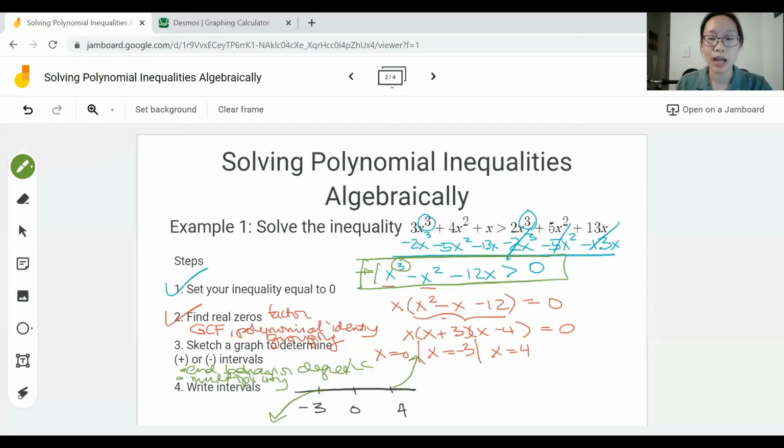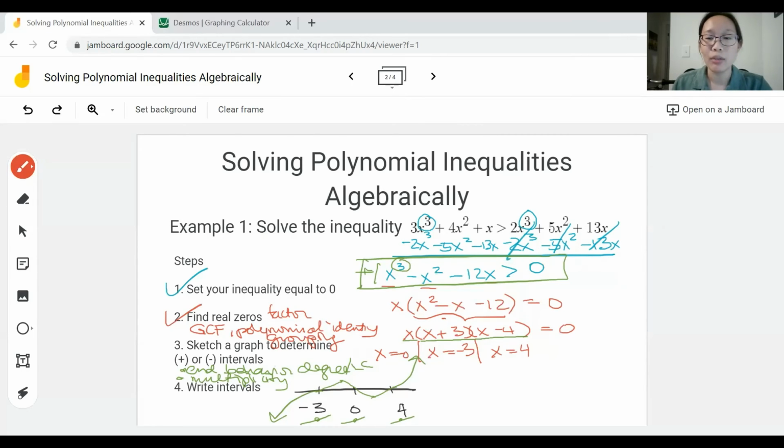Also, as I look at my factors, I have one copy of each. That means my multiplicity is odd and my graph will cross through the x-axis at each of those points. Since I know I'll cross at -3, I'll cross at 4, and I'll cross at 0, I know that my graph looks something like this. Once I have this graph, then I can decide what intervals I'm looking for.